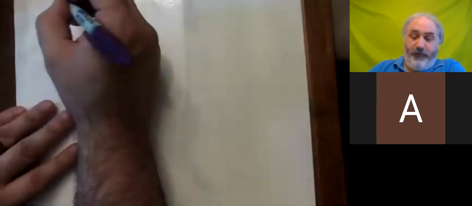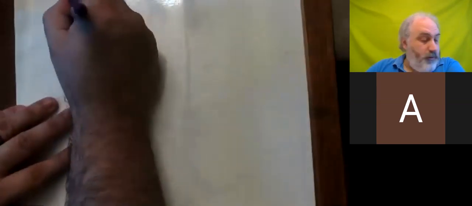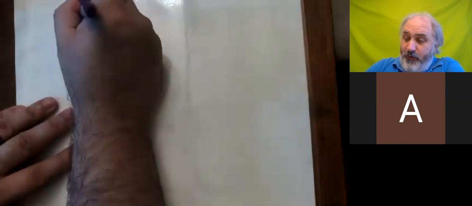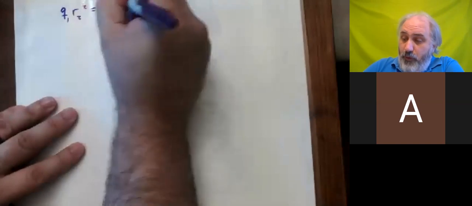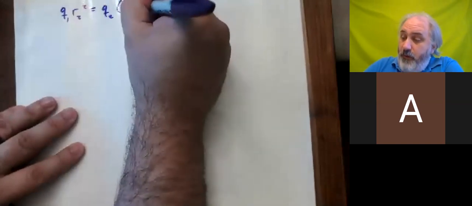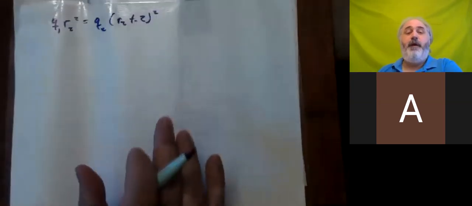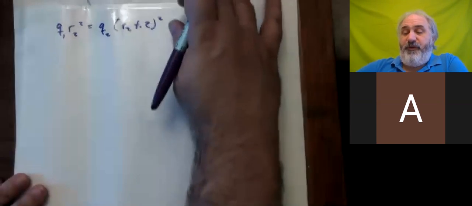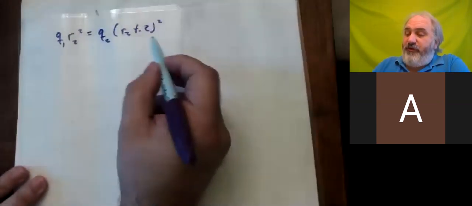So first thing I'm going to do, I'm just going to rewrite. I have Q1 R2 squared equals Q2 times R2 plus 0.2 quantity squared. All right. So the first thing I'm going to do, let's get this out of the glare, is let's FOIL this out.